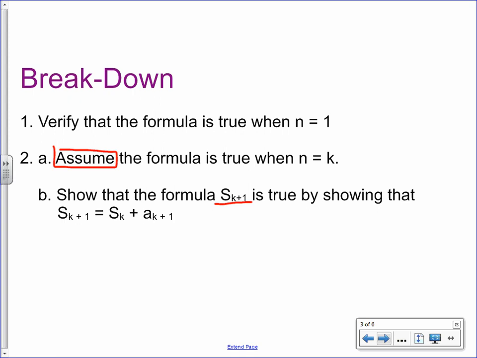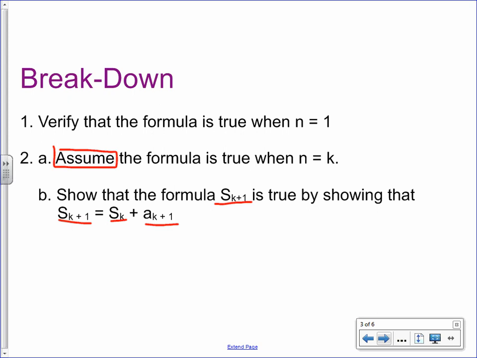So we are going to have a sum of k terms, and we're going to know what that equals. So we are going to look at the sum, that's this S. The sum of the k plus 1 terms is going to be the sum of the first k terms, and then we're going to add the k plus 1 term.